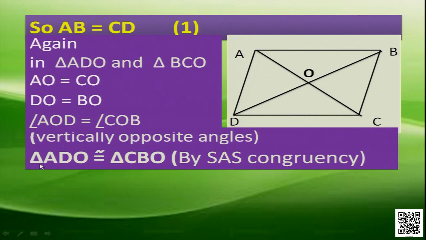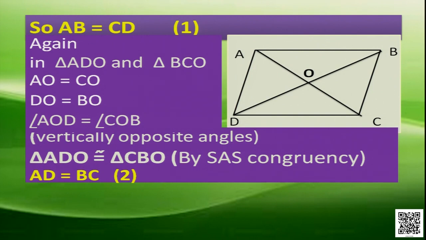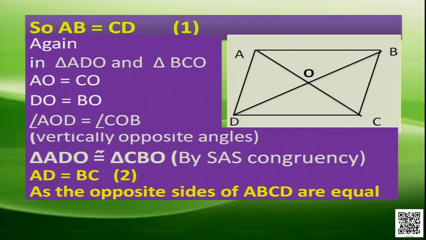So, we can write triangle ADO is congruent to triangle CBO by side angle side congruency or SAS congruency. As these are congruent, so we can say that side AD is equal to side BC. Why? Because these two are corresponding parts of the congruent triangles.